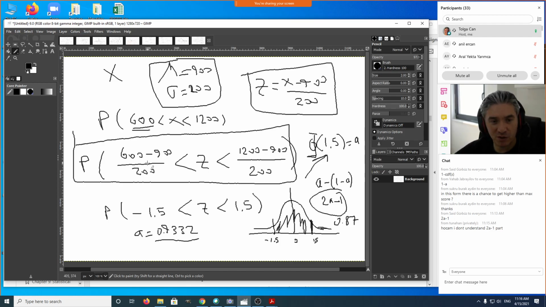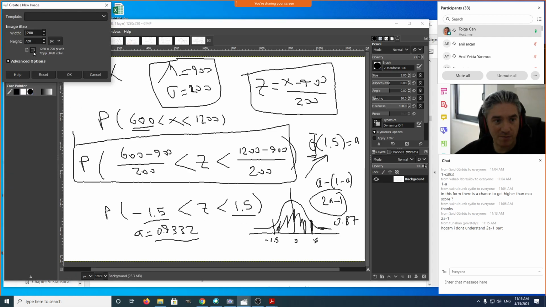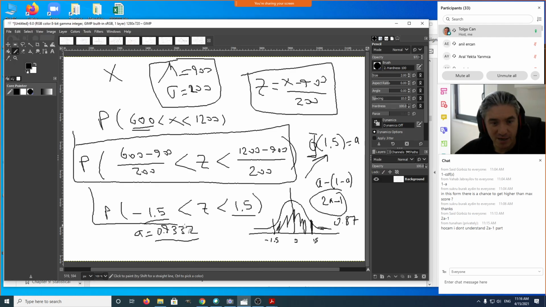So in this question, we were lucky that when we asked this probability, they were both equal distance from the center. If you look at the probability that we try to find in the standard normal distribution, it's the probability that the z value is between minus 1.5 and plus 1.5.